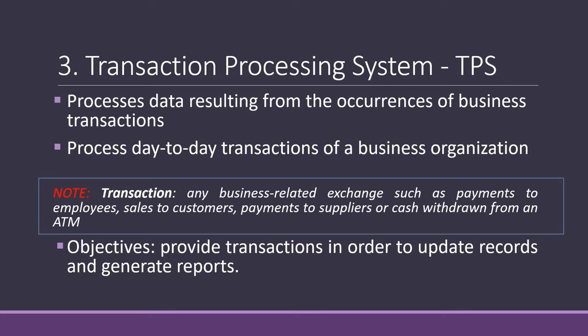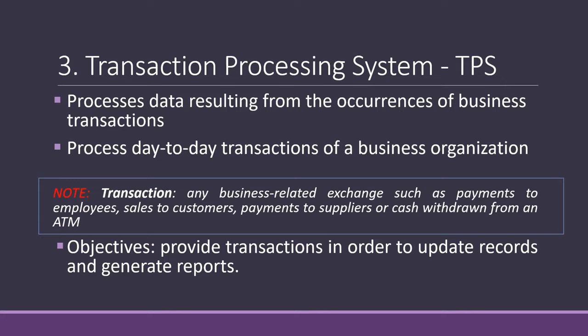The main objective of TPS is to process transactions in order to update records and generate reports. They take the transactions happening on a day-to-day basis into consideration, and use them to generate some kind of short-term reports.